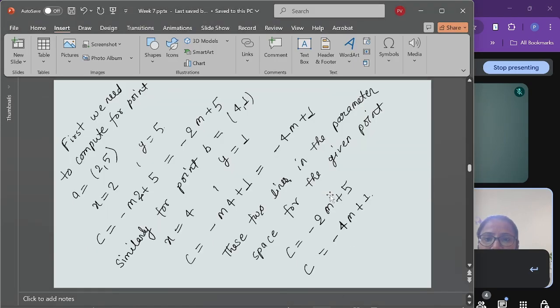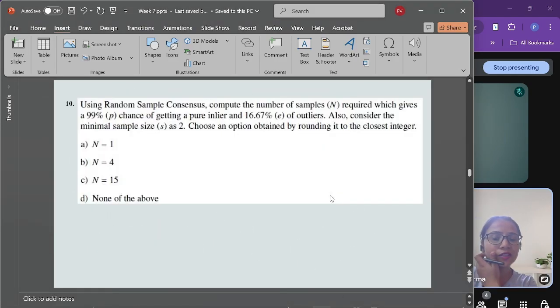So moving to the next question. Now next question is using random sample consensus, compute the number of samples n required which gives 99% probability of getting a pure inlier, and 16.67 that is E for outliers. Also consider the minimal sample size S as 2.